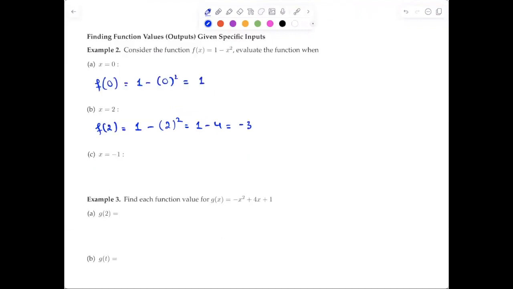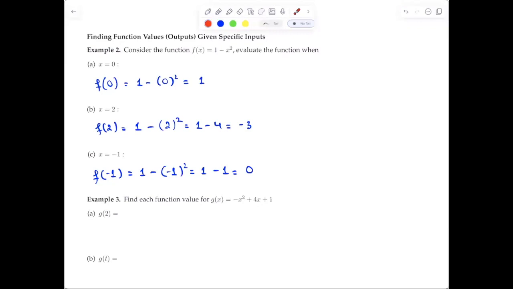Now for x equal to negative 1, you do the same thing, f of negative 1 equal to 1 minus negative 1 squared, or 1 minus 1 becomes 0. So negative 1 squared becomes positive 1, so 1 minus 1 is 0.